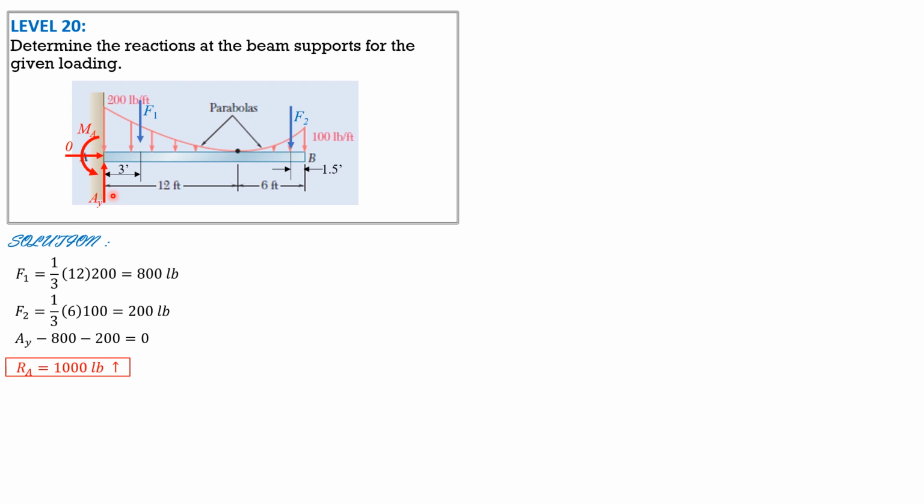Then summation of moment about A equals 0, counterclockwise positive. MA minus 800 times 3 minus F2, which is 200 times quantity 18 minus 1.5, the moment arm, equals 0. So MA is equal to 5,700 pound-foot counterclockwise.